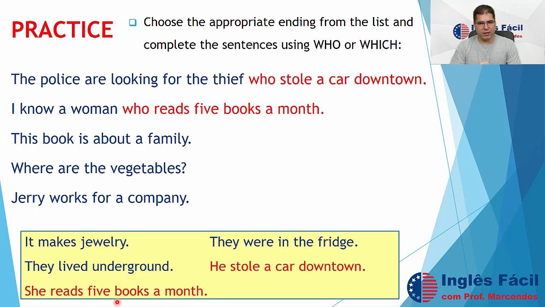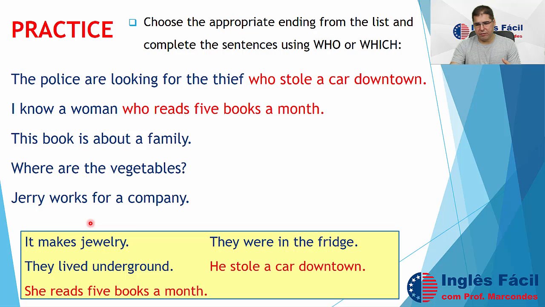Okay? And the third here. This book is about a family. It makes jewelry? No. They lived underground? Yes, it's possible, right? Family, of course, is in the singular here, but the idea is plural. So a family can be composed of a few people or many people, okay?